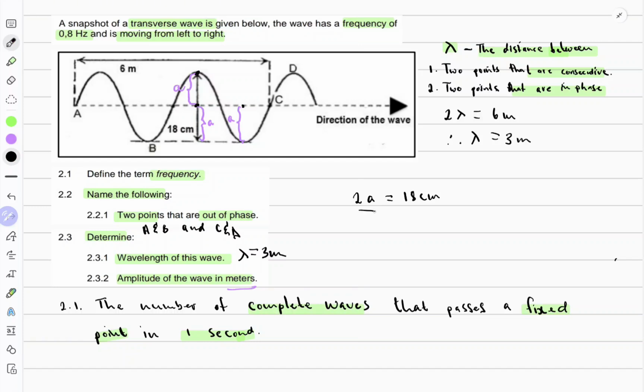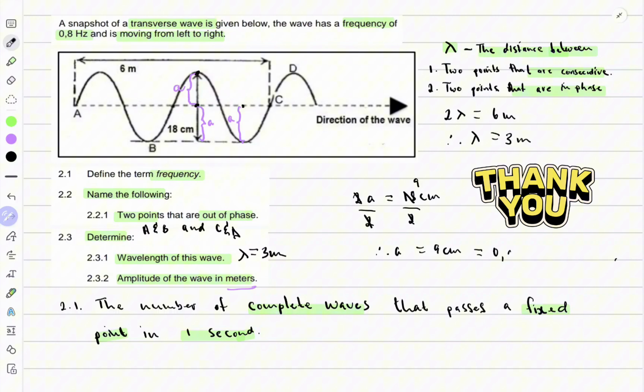So you can divide throughout by 2 here. So 2 and 2 cancels. 2 goes into 18 9 times. Therefore, A is equals to 9 centimeters or 0.09 meters, because 1 meter equals 100 centimeters. So you should divide by 100.